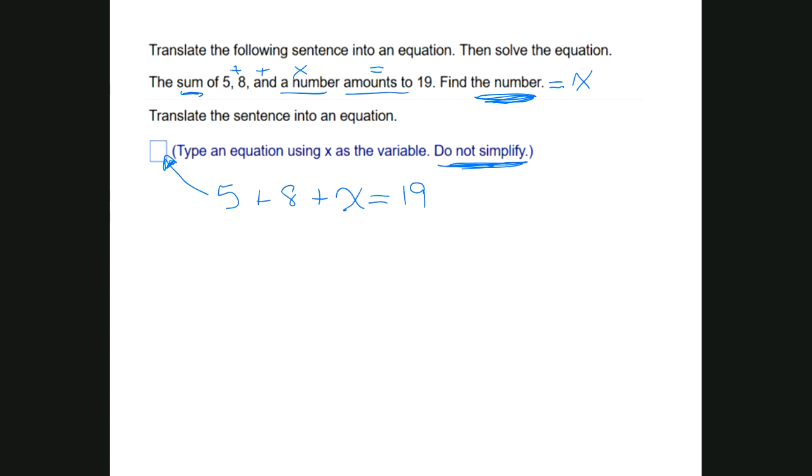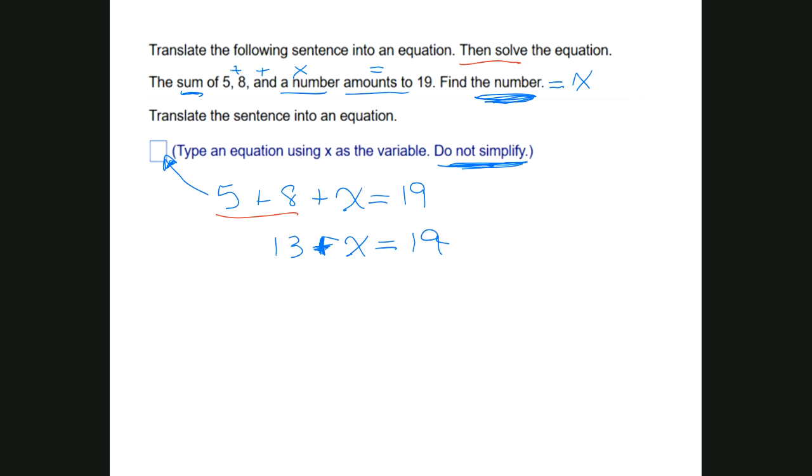Our next step is to then solve the equation. So when I take a look at the equation now, I will simplify. I have 5 plus 8, and that will give me 13 plus x equals 19.